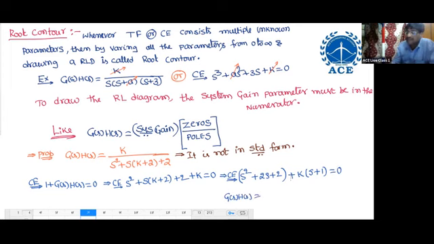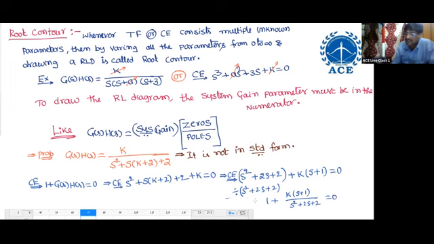This is 1 plus GH. So for example, I'll divide with S square plus 2S plus 2. What will I get? 1 plus K into S plus 1 by S square plus 2S plus 2 equal to 0.